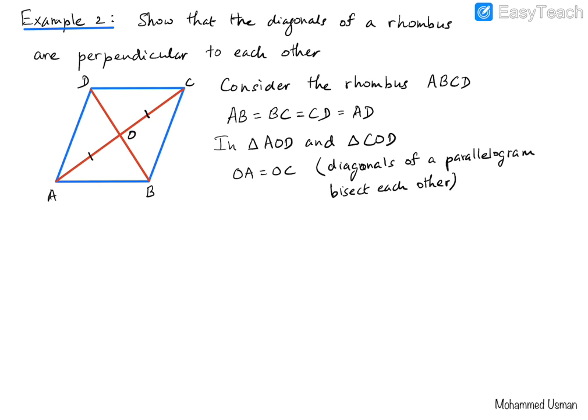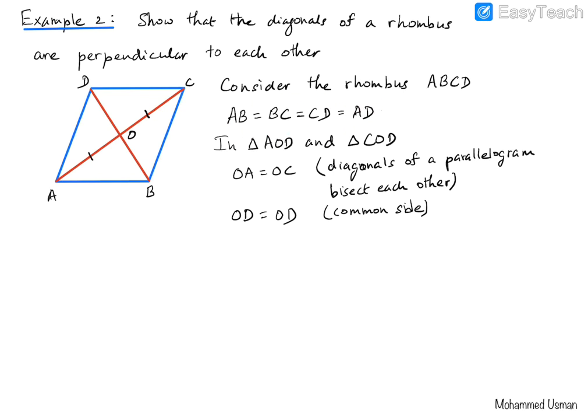The next thing we see is that both these triangles, triangle AOD and triangle COD, have the side OD as a common side. So we can take OD equal to OD, because that side is common to both these triangles. And finally, the sides AD and CD are also equal, because all four sides of the rhombus are equal in length.